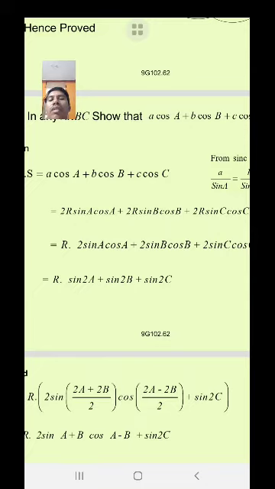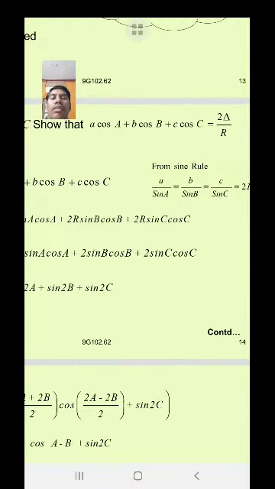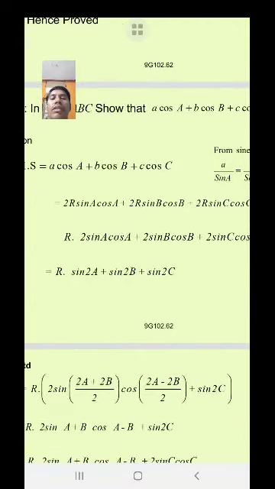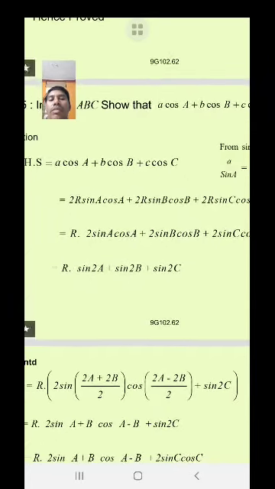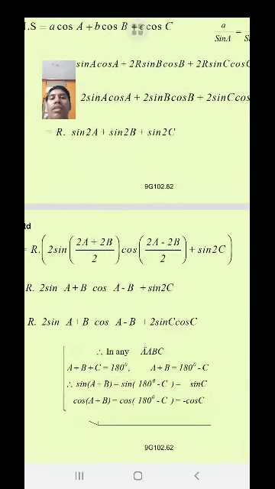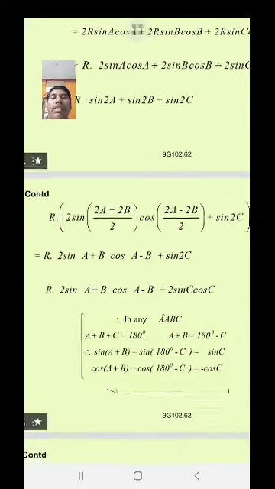So R of (2 sin A cos A plus 2 sin B cos B plus 2 sin C cos C), and R of 2 sin A cos A means R of (sin 2A plus sin 2B plus sin 2C). The bracket should be there.